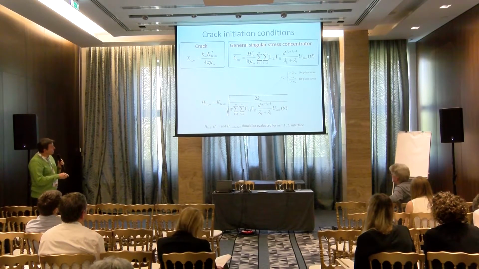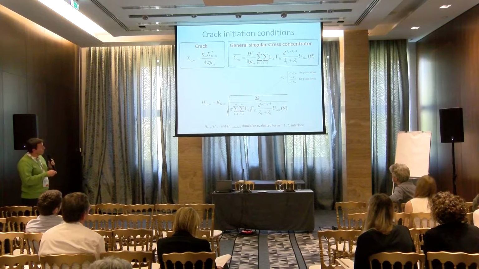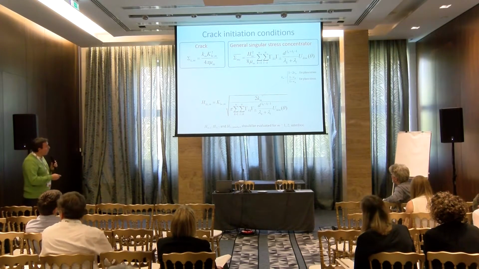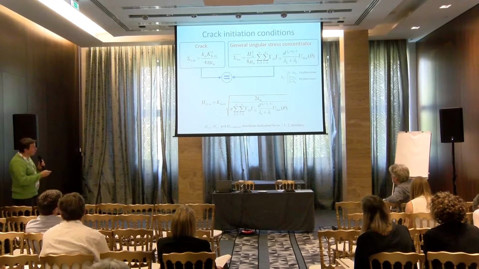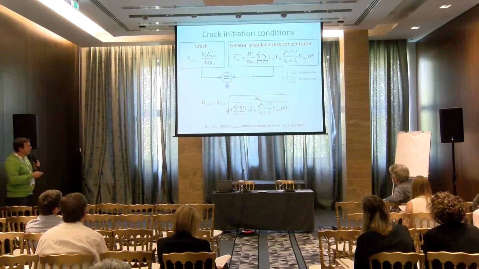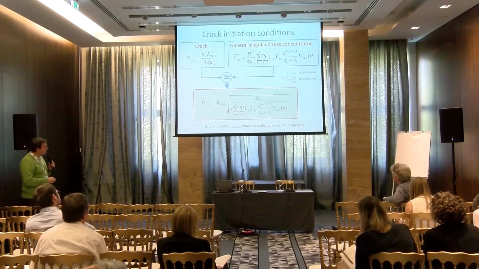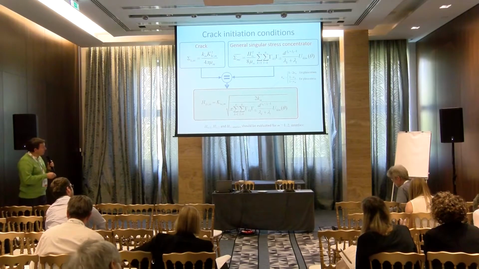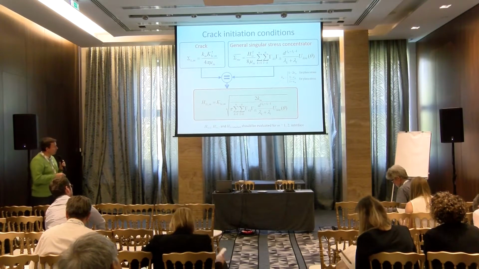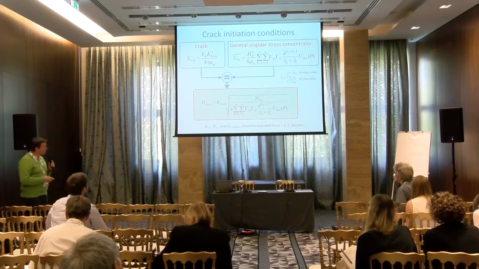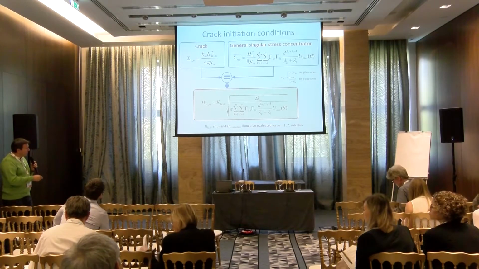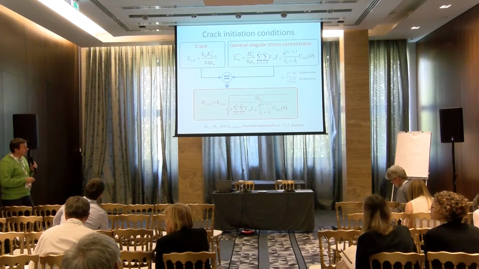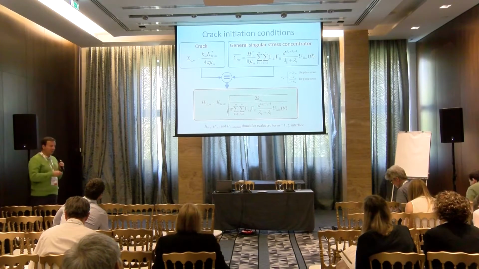Here is the critical value for a general singular stress concentrator for the case of bimaterial notches, and when we equate these two values, we get the critical value of H factor. It depends on the fracture toughness of the particular material region. This critical value should be evaluated also for material 1, material 2, and for the interface.